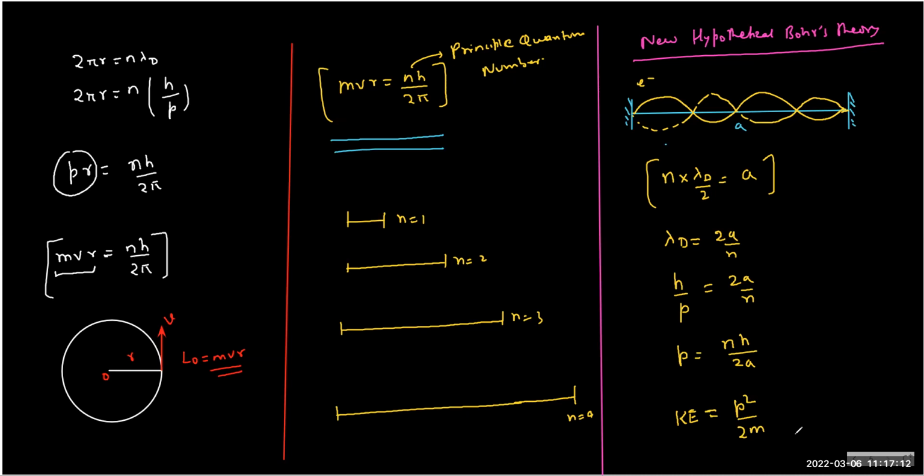Now can we talk about the potential energy here? Yes or no? No, because potential comes from the interaction of two charged particles, and what we have is a single electron in a well. So here the kinetic energy is the only energy. Do you guys realize this?